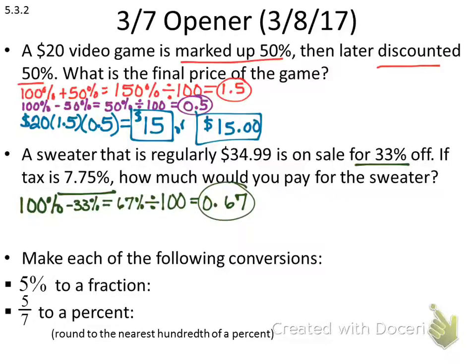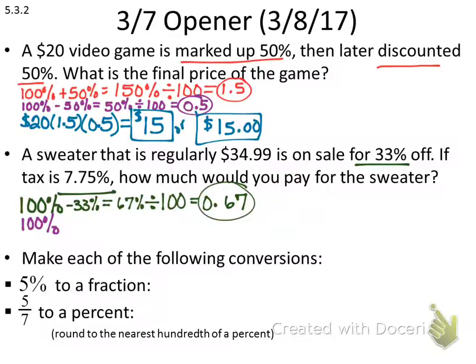So Kristen, if I'm repeating steps 1 through 3 again to find my tax increase, what number do I start with? So step 1, what do I always start with? 100%. Okay? The sweater is being taxed at 7.75%. So am I going to add that or subtract that? Kristen?